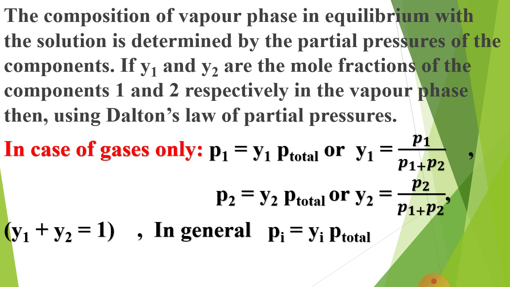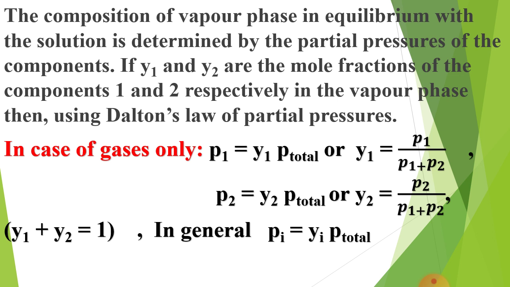Similarly, the partial pressure P2 of component 2 in the vapor phase is equal to the mole fraction of component 2 in the vapor phase times P total, or Y2 equal to P2 divided by P total, where P total is P1 plus P2. As you know, the total of mole fractions should be 1.